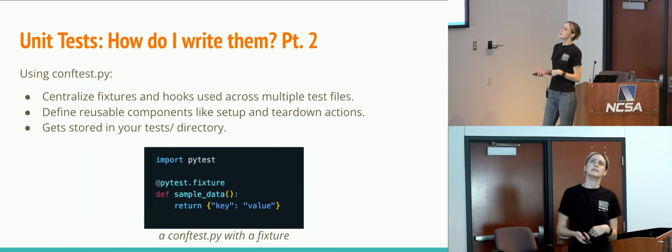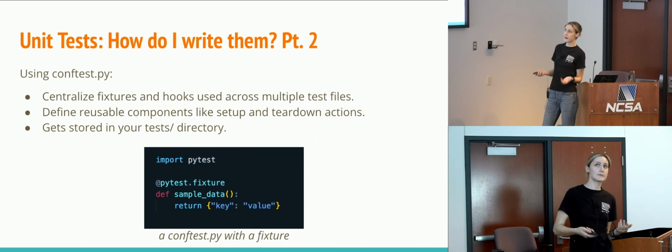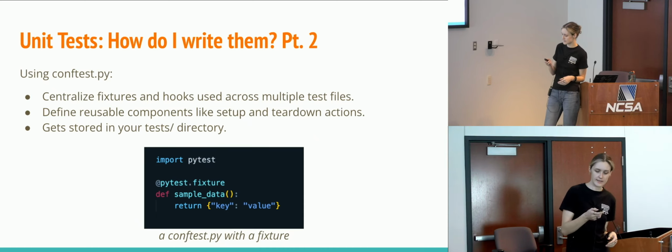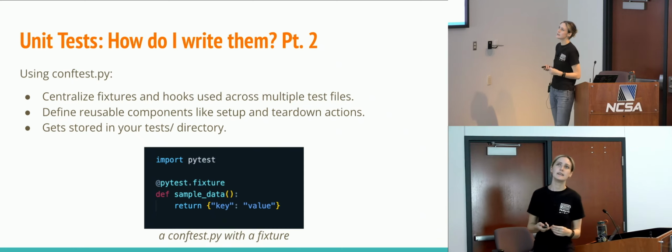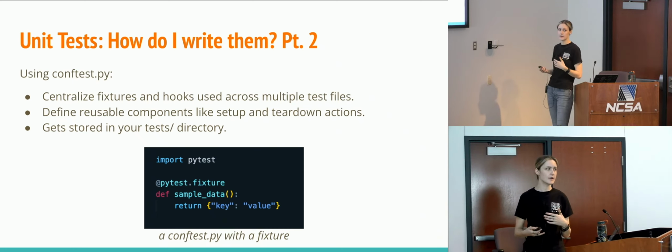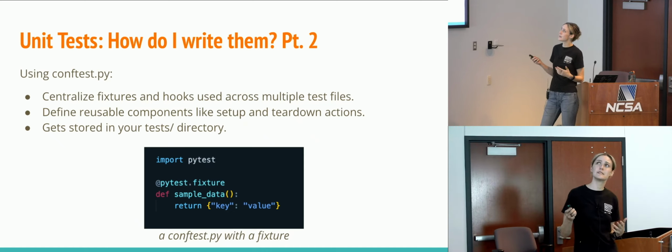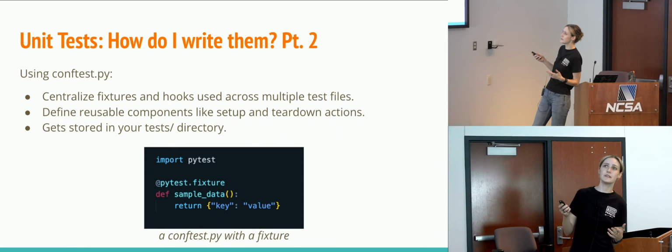And so a really nice thing with PyTest is the conftest.py file. This will be just right in your test directory, and this will help you centralize a lot of code that you'll want to be using throughout all your tests, largely fixtures and hooks, and you can just reuse them super conveniently.